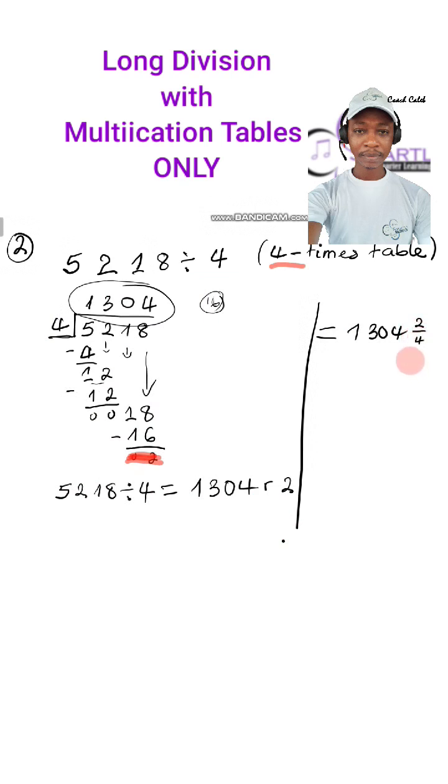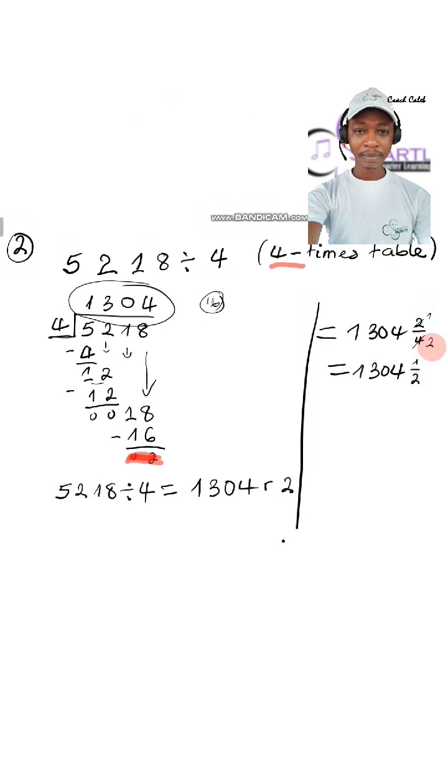We shall get to understand that 2 divided by 4 means the common factor between 2 and 4 will be used to reduce the fraction, and then this will give us 1,304 and a half, because when you divide 2 with itself it will go once, and by 4 that is twice. So this gives us 1/2, because between 2 and 4 there is a common factor, and the common factor is 2, so we use a 2 to divide.